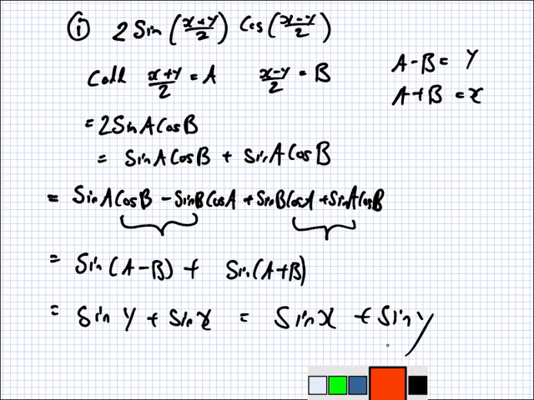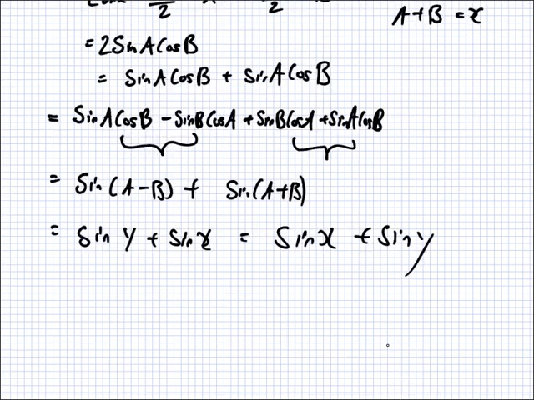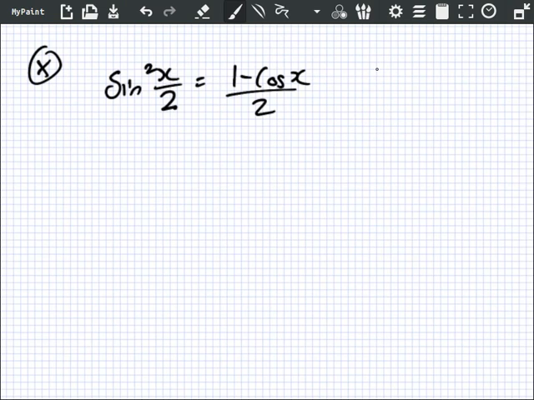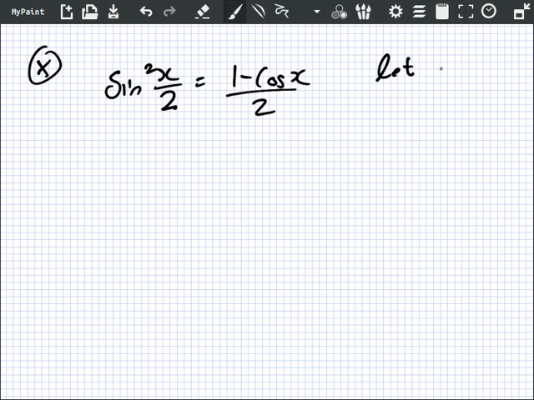Let's do one more. Let's just try and do x. I don't think x is too hard. We want to show that sine squared of x over 2 equals 1 minus cos x over 2. So here I should say let a equal x over 2, and so then 2a will equal x.